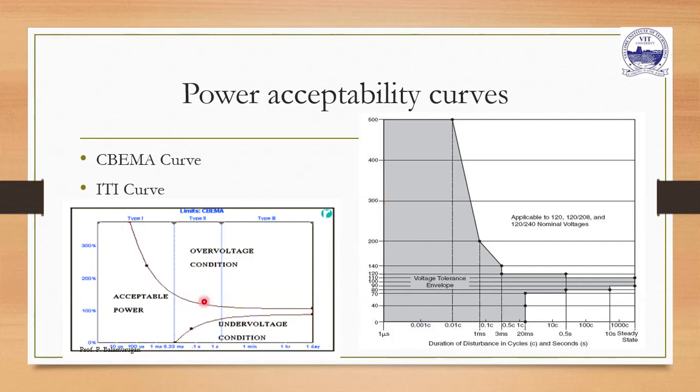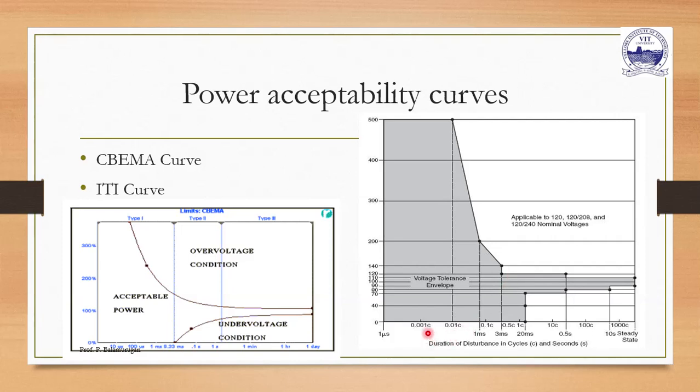This is a continuous curve. A modification was given for this curve, called the ITI curve, the Information Technology Industry Council curve, which shows the discrete variation in the voltage magnitude as a function of the number of cycles of your supply voltage.